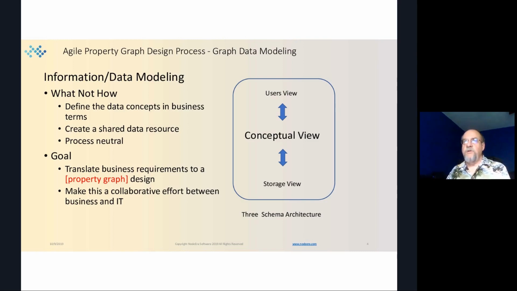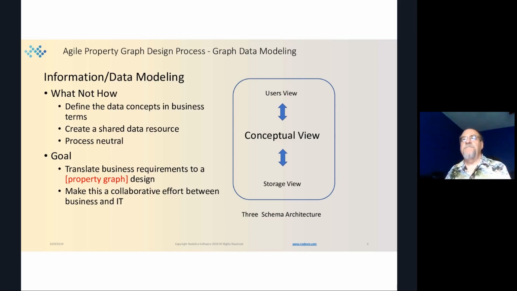So what we really are striving for is this thing in the middle, which is the conceptual view. And we want to define data in that way so it's reusable. And really, that's our goal. We want to translate the business requirements into a property graph design.